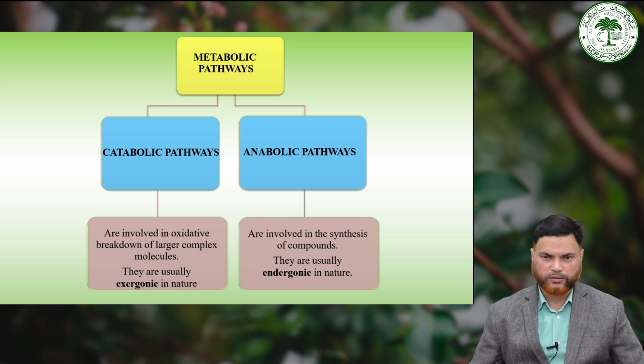So, therefore, catabolic pathways break down large molecules to release energy, whereas anabolic pathways build complex molecules consuming energy in the process. Taken together, these two types of pathways contribute to the overall energy and maintenance of cellular structures and functions in different living organisms.